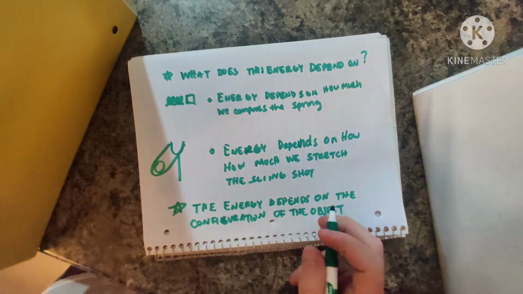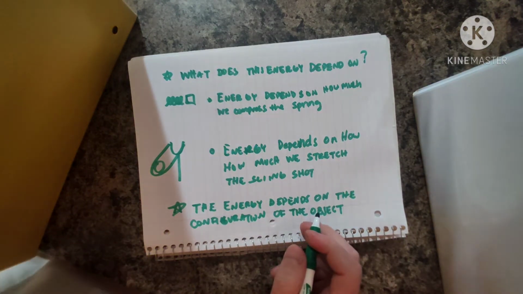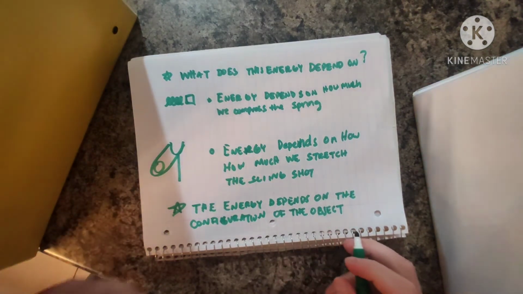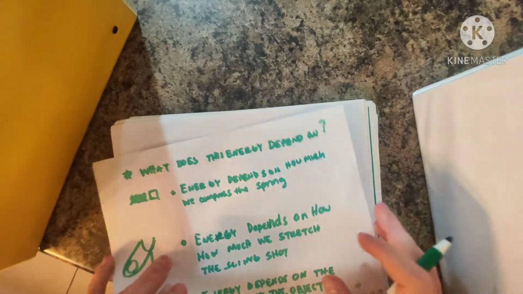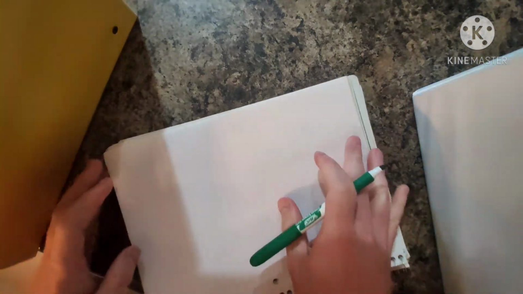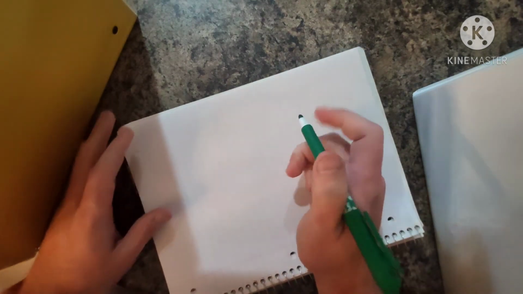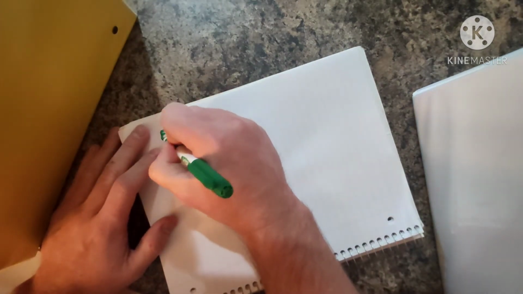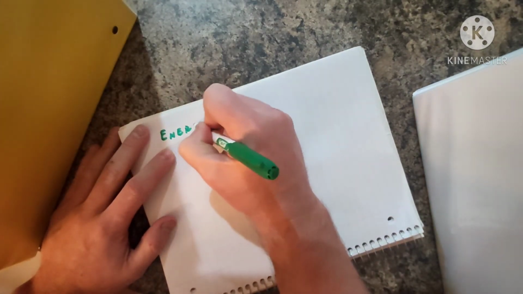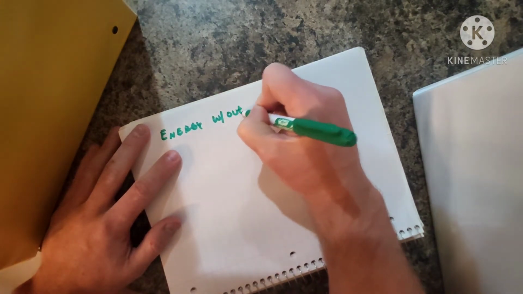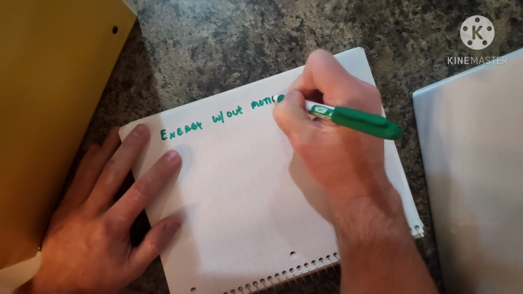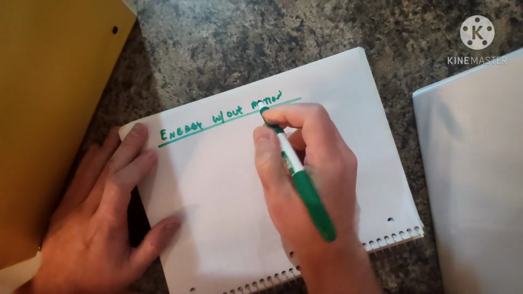But what do we call that? Actually, before I tell you that, let's go into one more example, because you're going to be dealing with a similar idea for your lab. This is an energy without motion.